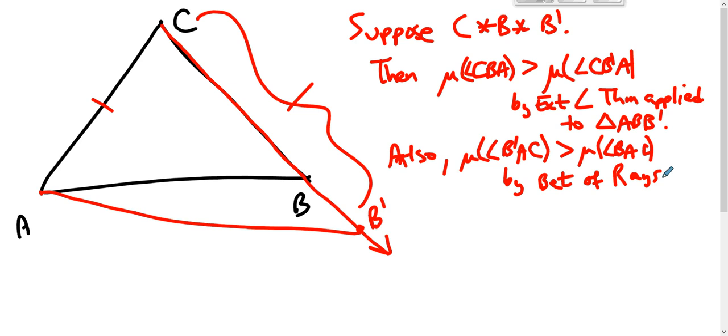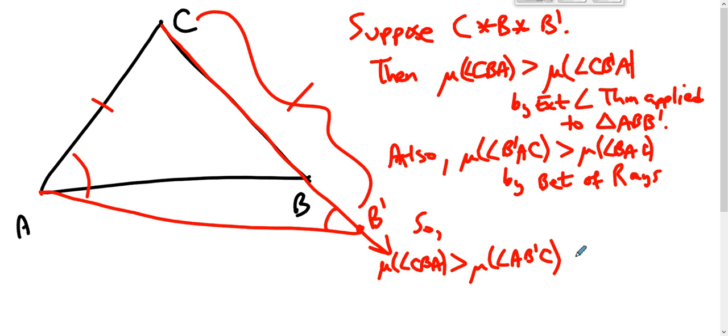So now we start to string some things together. So the measure of angle CBA is greater than the measure of angle AB prime C. Well, wait a minute. AB prime C, that's this angle here. But because this is an isosceles triangle, that's congruent to this angle here, the measure of angle CAB prime.